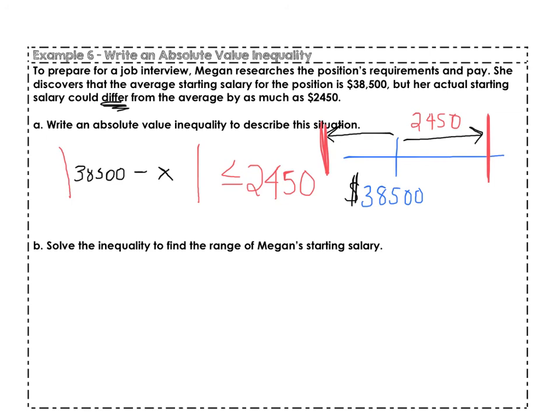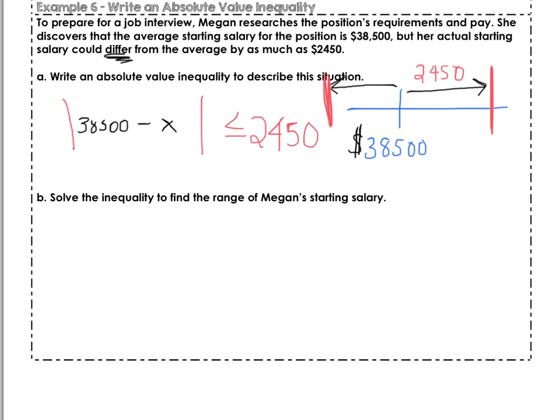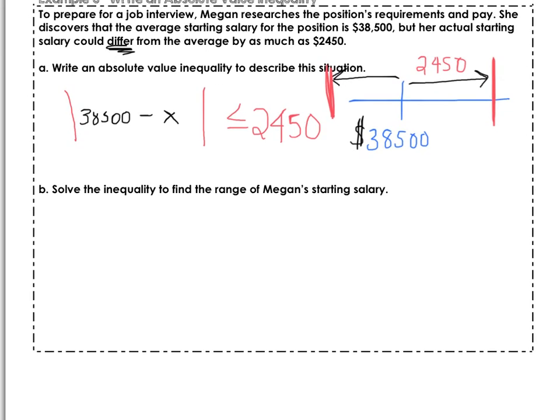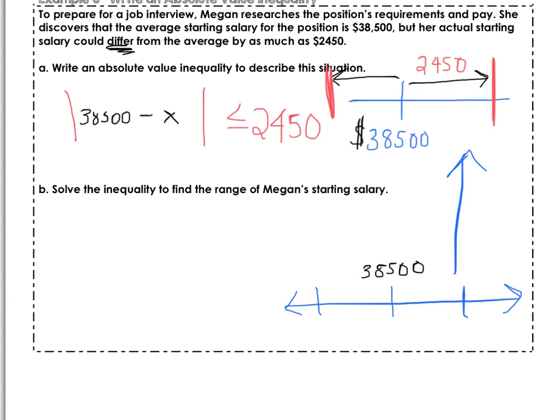Now we have enough information to solve our inequality. Hopefully this little visualization up here in my corner has helped you see what the solution set actually is. You can always work backwards if that helps you. We're going to have $38,500 in the middle, and we're going to go up by $2,450 and down by $2,450.